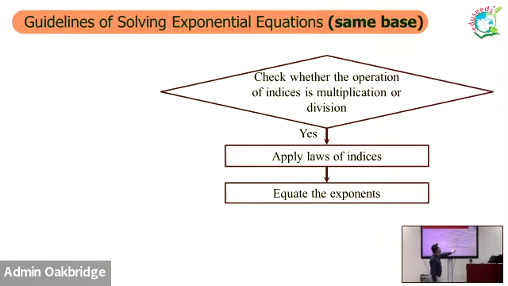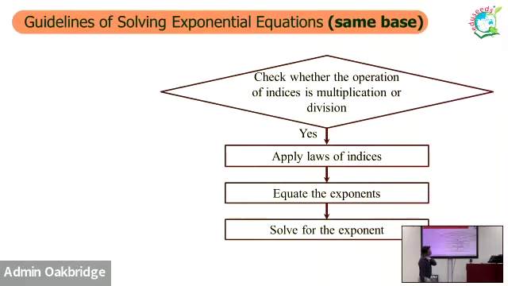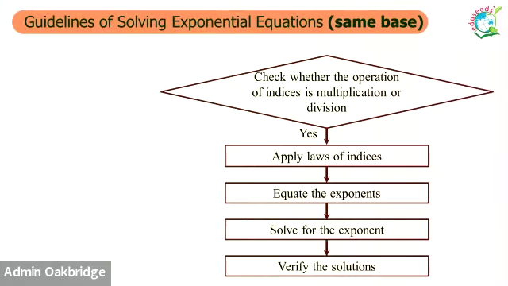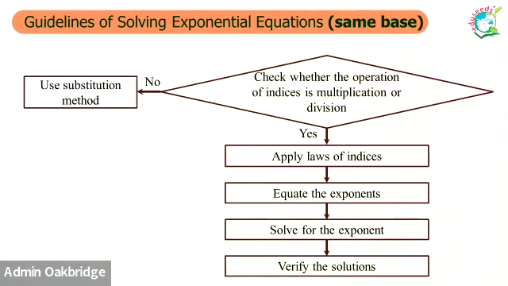After you apply the laws of indices, you can equate the exponents, okay? And then solve for the exponent, and then verify the solutions. Okay, these are standard steps to get the answer. What if the operation is not multiplication or division? You cannot apply the laws of indices anymore. This one, you use the substitution method.